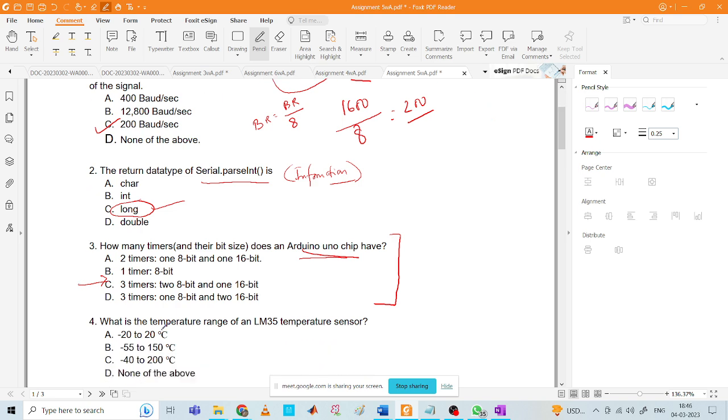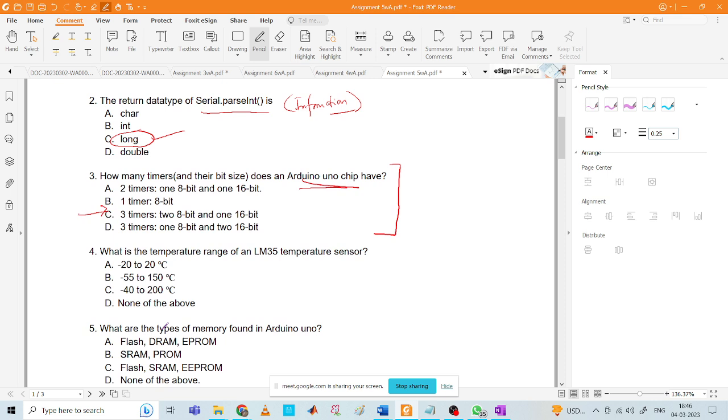What is the temperature range of the LM35 sensor? Now you need to tell me this. You can search in the net and you can tell me. -40 degrees. How much? You can tell me by looking at the internet, but you need to tell me.